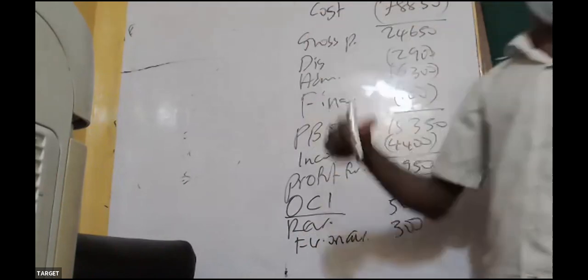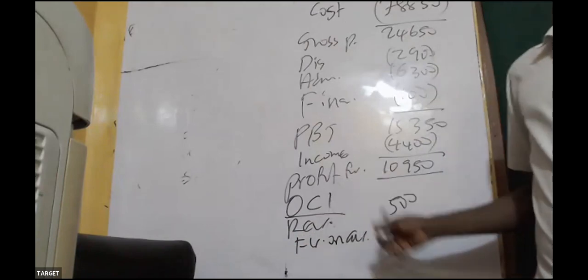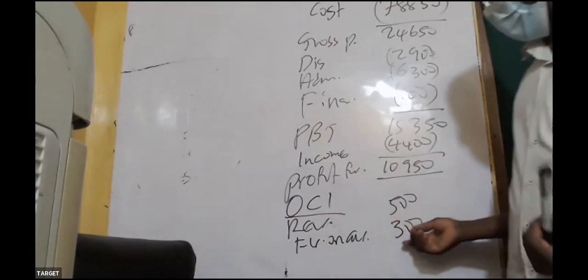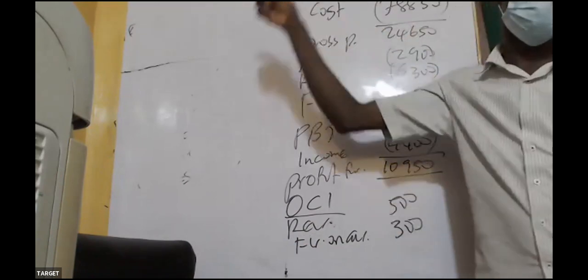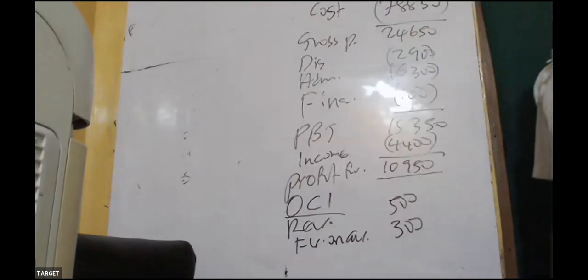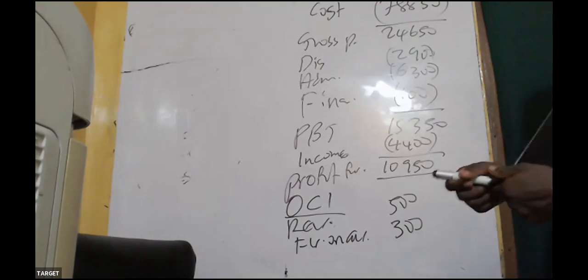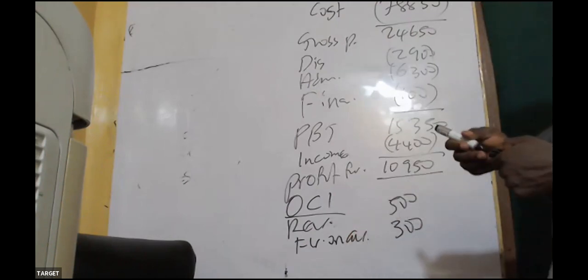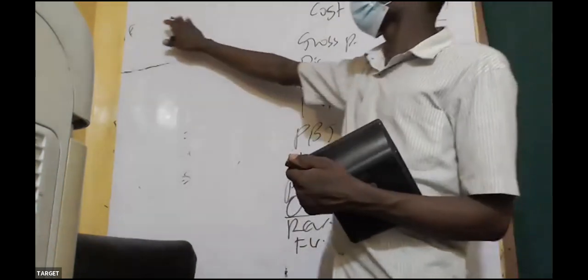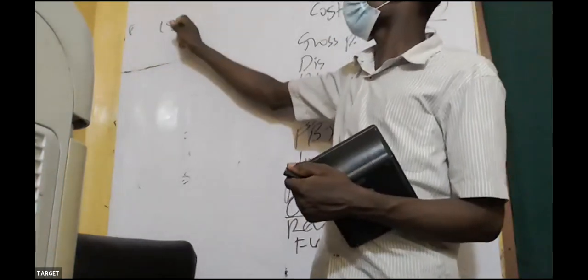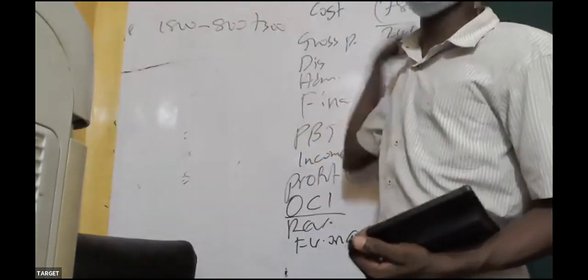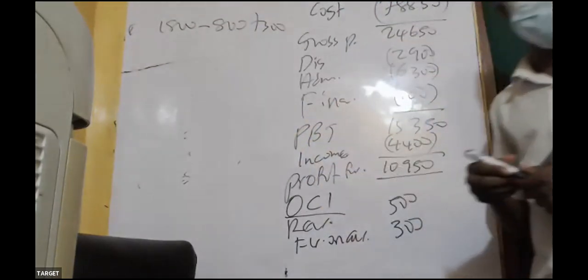Now go to the financial position and add this 300 to the investment. So the investment should be 1,800 minus a consideration of 800 plus 300. Then push it there. Good.